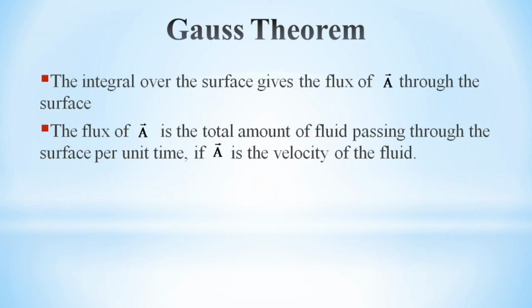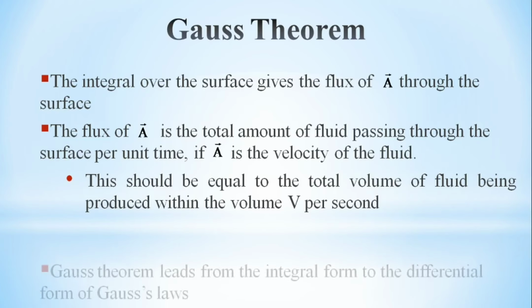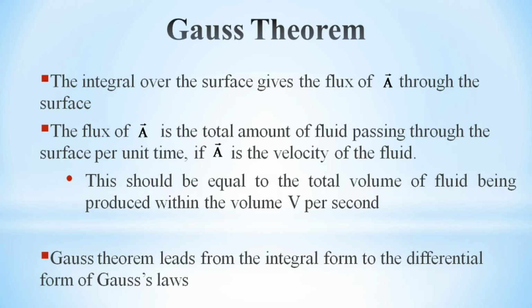If A is the velocity of the fluid, this should be equal to the total volume of fluid being produced within the volume V per second. Gauss theorem leads from the integral form to the differential form of Gauss laws in electrostatics as well as magnetostatics.